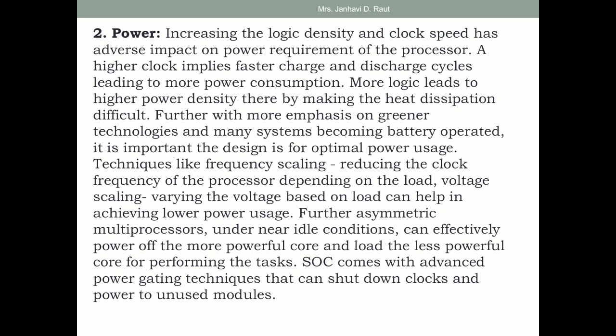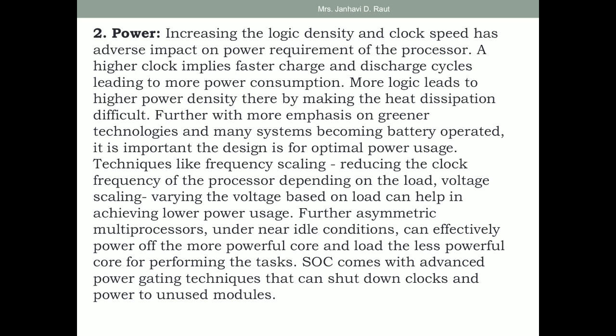Next is power. Increasing the logic density and clock speed has an adverse impact on the power requirement of the processor. A higher clock implies faster charge and discharge cycles, leading to more power consumption. More logic leads to higher power density, thereby making heat dissipation difficult.